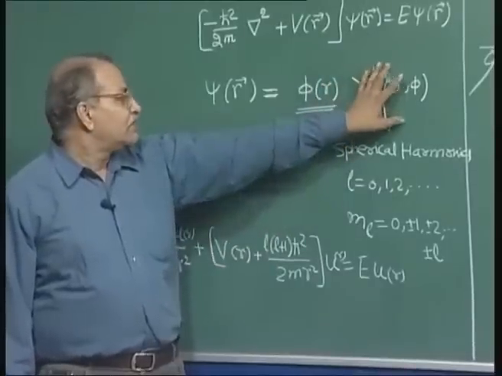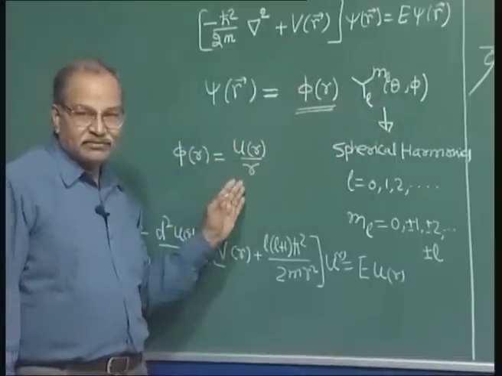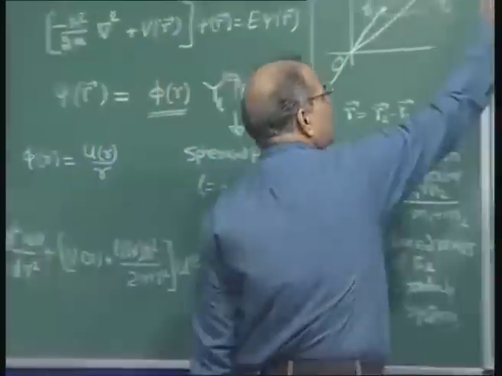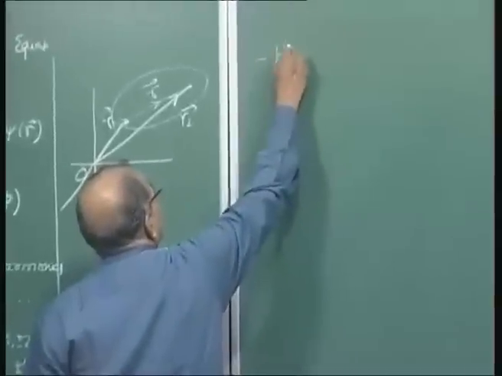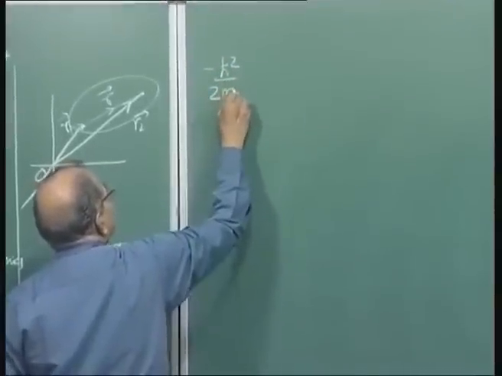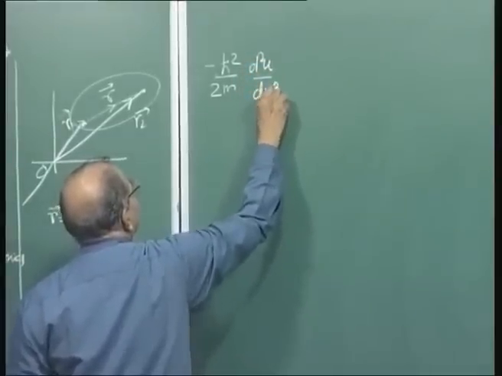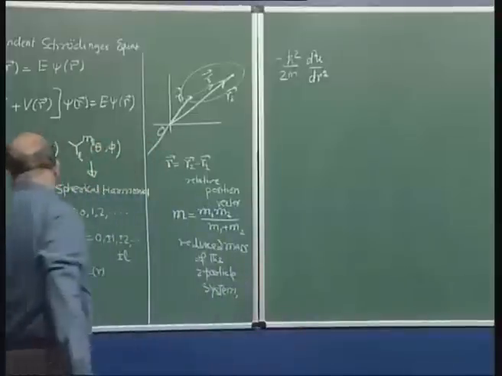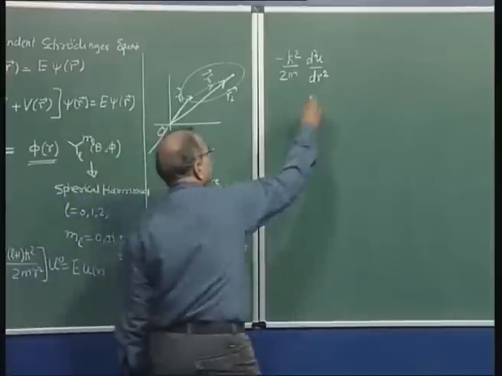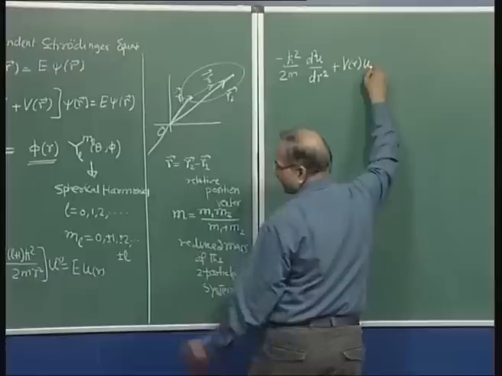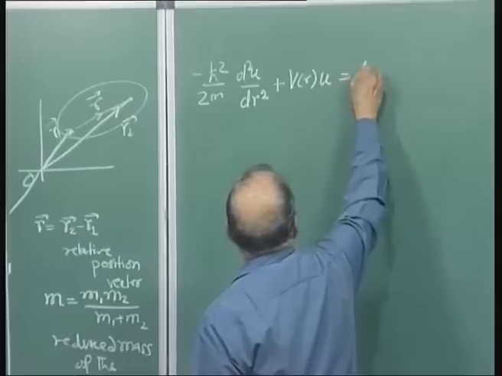So, the wave function is only given by that r part, and the equation is minus h cross square by 2 m d 2 u dr square, plus V r into u, at L is 0, and this is equal to E u.